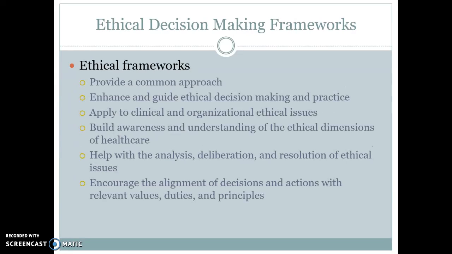So there are some ethical frameworks that are used for helping to process ethical dilemmas. Not every decision requires the application of a framework. It depends on the scope of the ethical dilemma that you are approaching. But the ethical frameworks provide a common approach, and they allow for that consistency that I mentioned earlier.